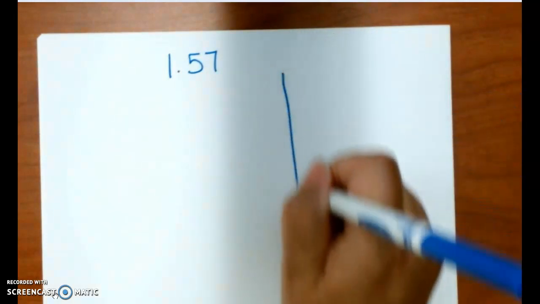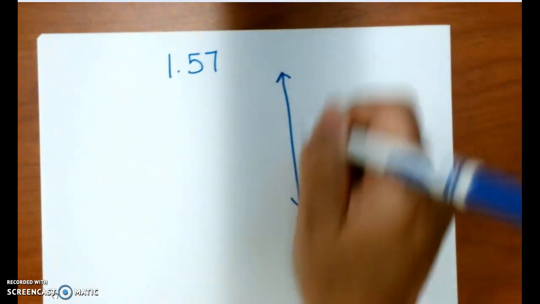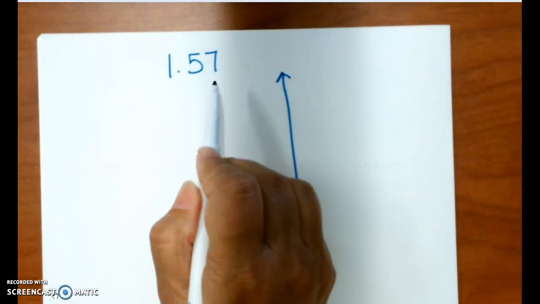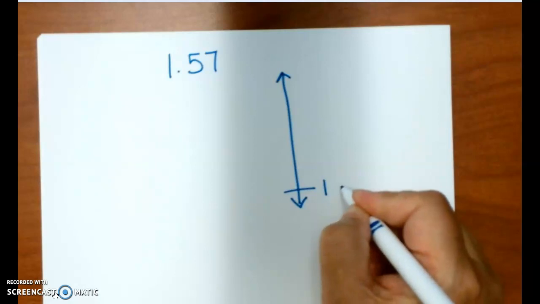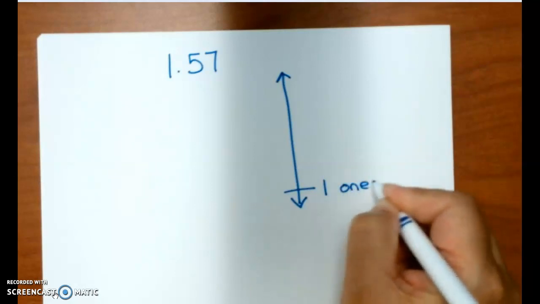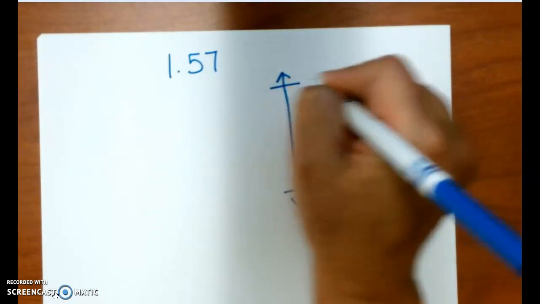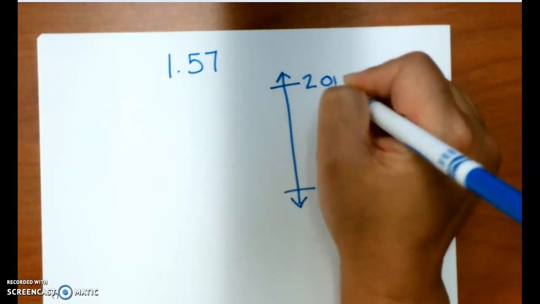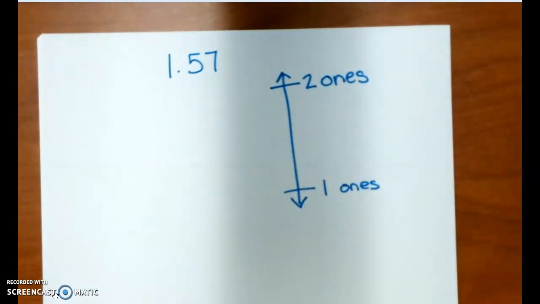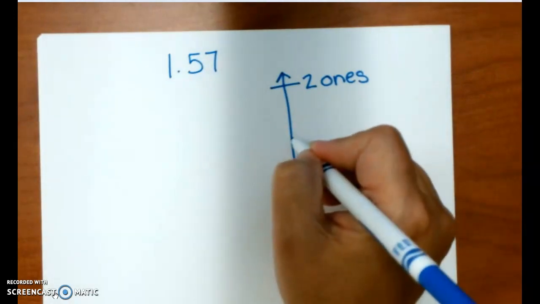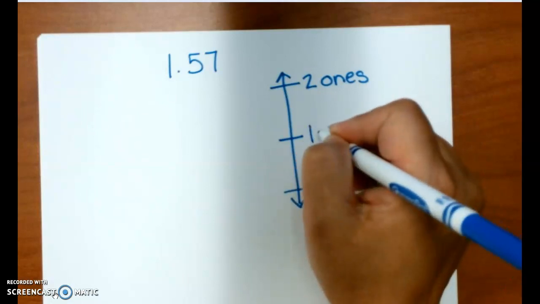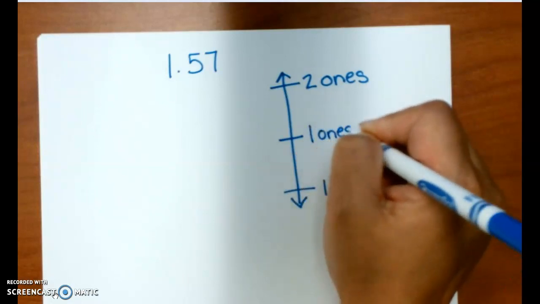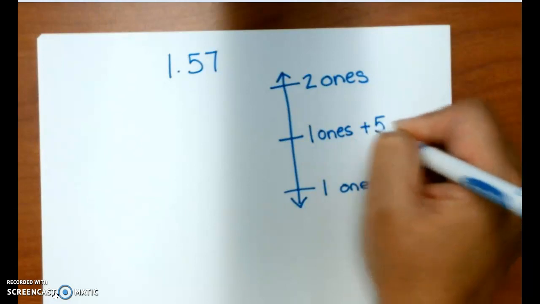So the first thing I'm going to do is round this number to the nearest whole number. That's my greatest place. So I have 1 one, or my next one would be 2 ones. In between, my halfway point is 1 one plus 5 tenths.